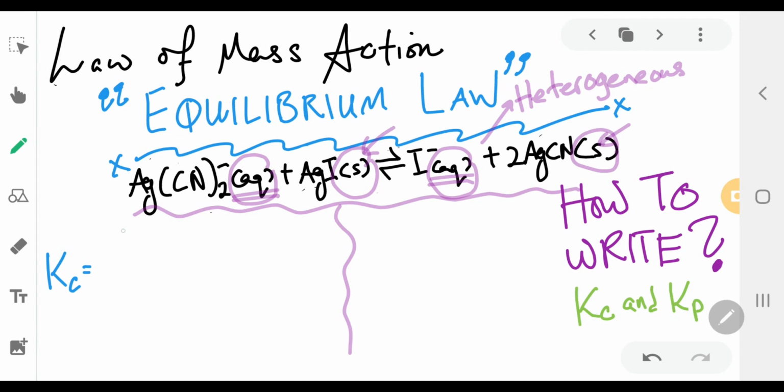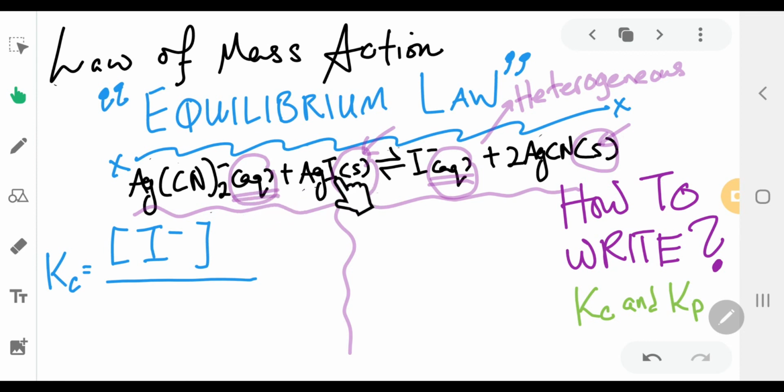So it's still going to be the same. Concentration, you have I minus. And when you look in front of your I minus, you have number 1 there. So you have 1 mole of I minus being produced by this equilibrium reaction. So you have to the power of 1. So when you go over that side, you have to divide because now this is the reactant side.